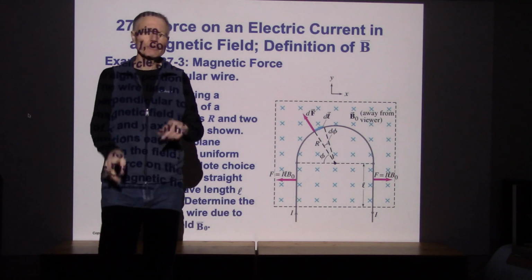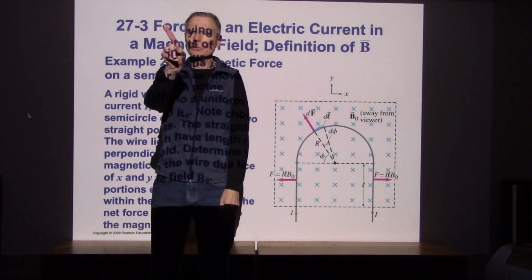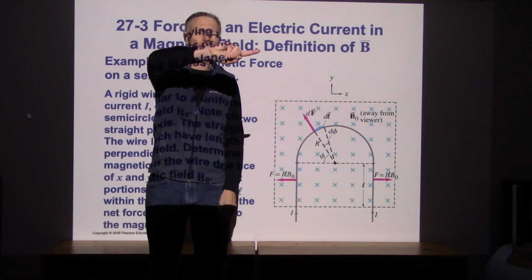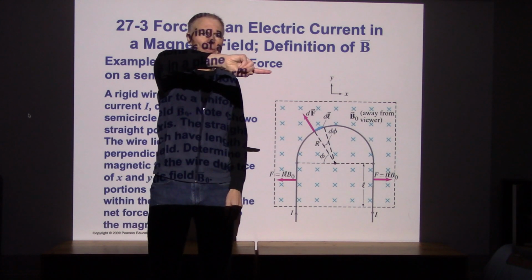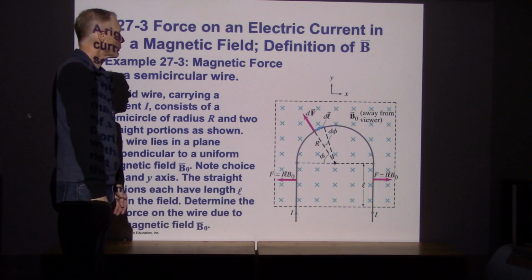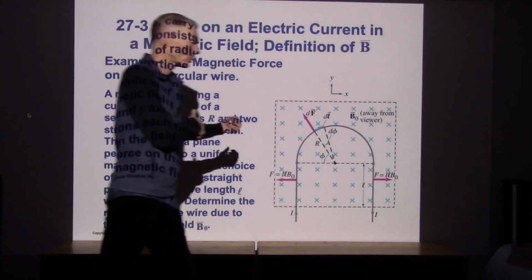I'm going to have a series of infinitesimal forces, pointing in different directions. So I can't just add them all together. I actually have to look at their components first in order to do the addition. And the question becomes, what will happen when I add all those infinitesimal forces? So it's going to be some kind of an integration.